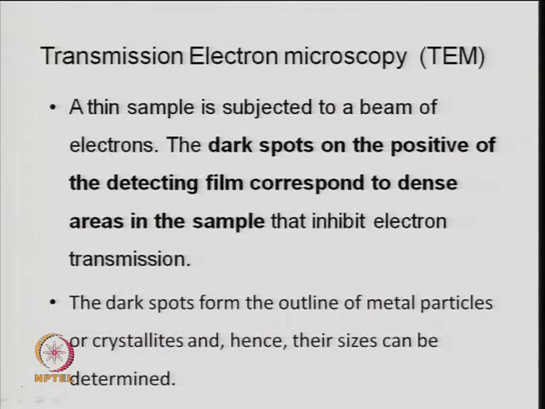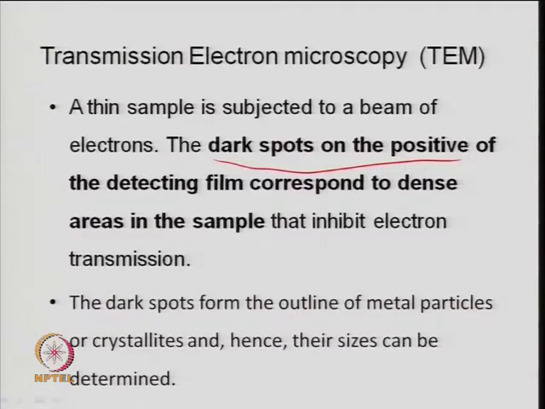Transmission electron microscopy, as I said, is something which transmits. If it is a pore, the electron will transmit through the pore. If it is a hard surface, it may not, so that will come as a black spot. This is the dark spot on the positive of the detecting film that corresponds to the dense area.